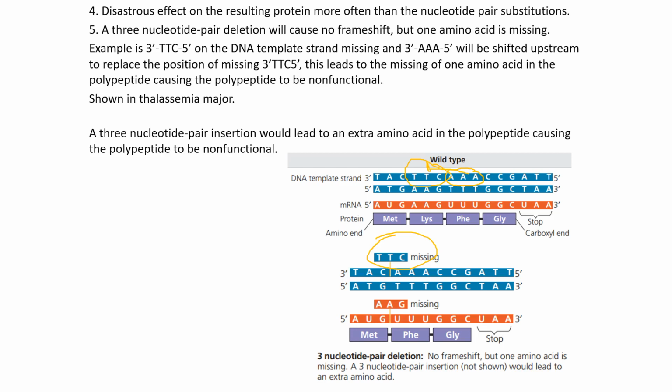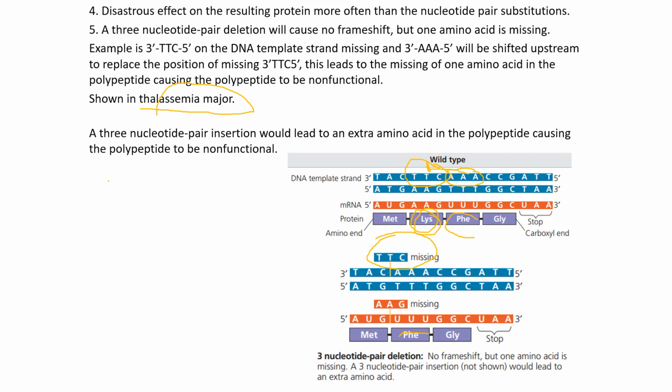So this will lead to the missing of one amino acid in the polypeptide, causing the polypeptide to be non-functional. By right you should get lysine after methionine, then only phenylalanine. Instead you get phenylalanine after the methionine. Missing of lysine. And this is shown in thalassemia major. Right, now there is no example for insertion of a 3 nucleotide base pair.